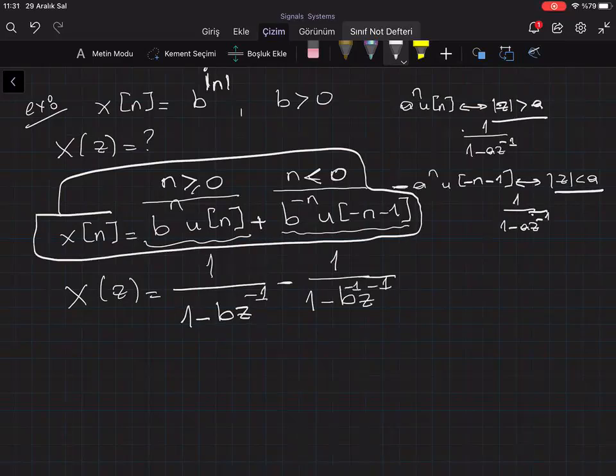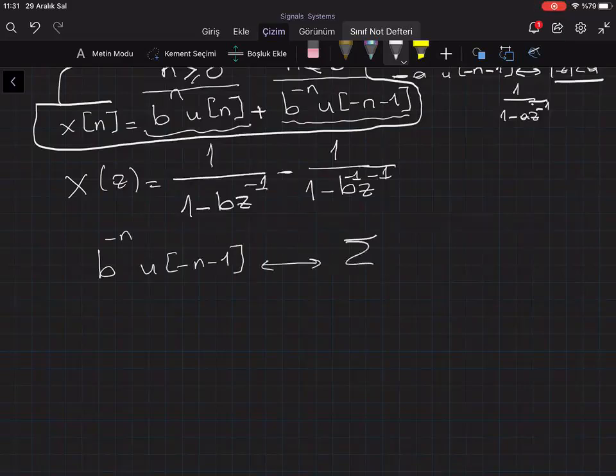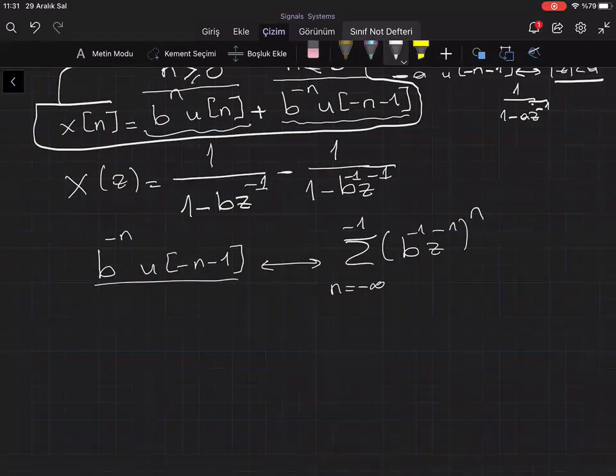Bakın, let us do it together. B to the power minus n, u minus n minus 1. What is the z transform? Sum of b to the power minus n from minus infinity to minus 1. Is this like this? Arkadaşlar, can you go from here to here immediately? Like from minus infinity to minus 1.